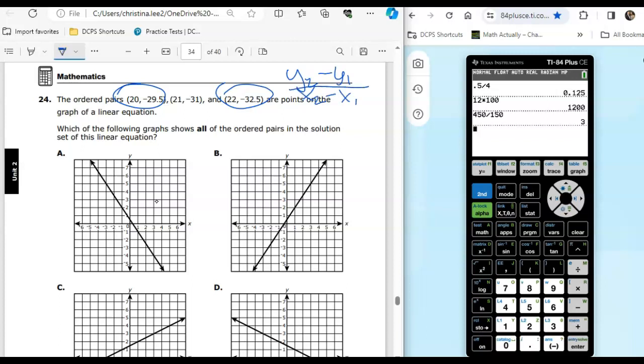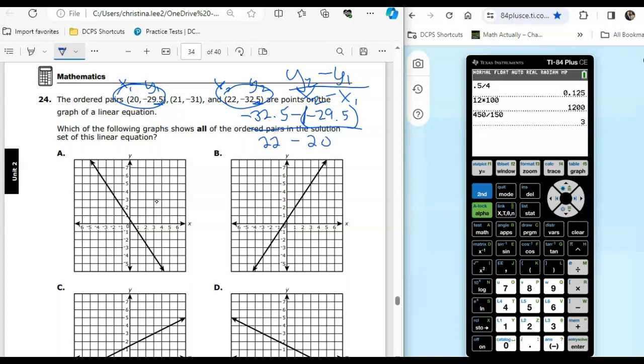So I'm choosing these 2 points, and you could choose any 2 points. I'm choosing these 2 because these both have 0.5s in them, so I'll get a nice whole number from them. I'm going to designate this as x sub 1, y sub 1, and this is x sub 2, y sub 2. So I'm going to do negative 32.5 minus negative 29.5 all over 22 minus 20.